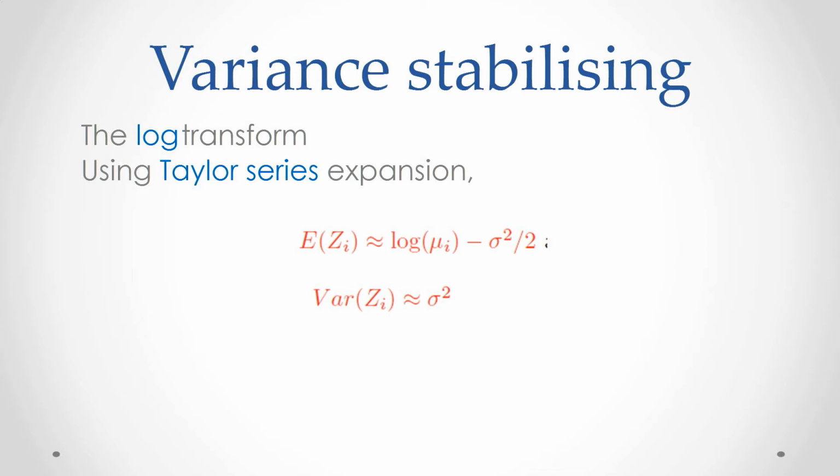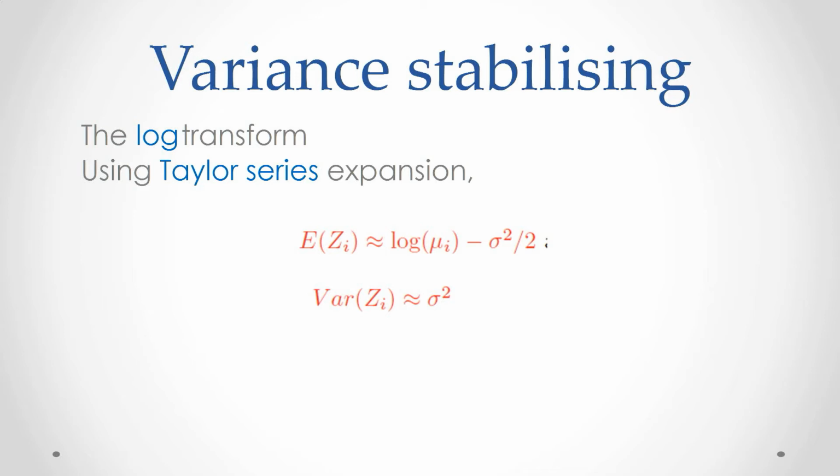To see this, let us assume a second order Taylor expansion of zi equal to log yi. This is given by log of yi equal to log mu i plus 1 over mu i into yi minus mu i minus 1 over 2 mu i square into yi minus mu i whole squared, assuming that sigma square is small.